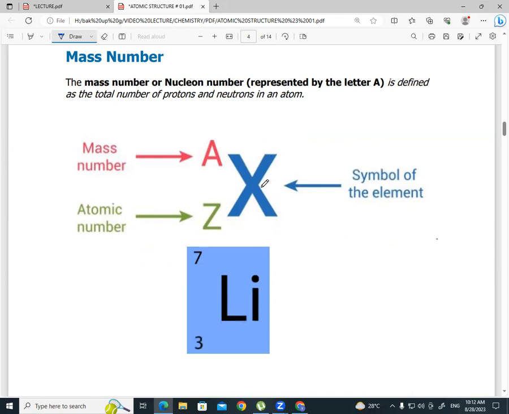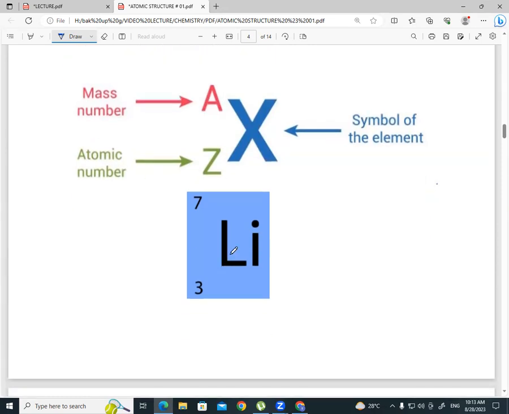X here is an imaginary element symbol, and the superscript A shows the mass number, while the subscript Z represents the atomic number. You can see here that for lithium, the superscript 7 shows the mass number, while the subscript 3 shows the atomic number of lithium.